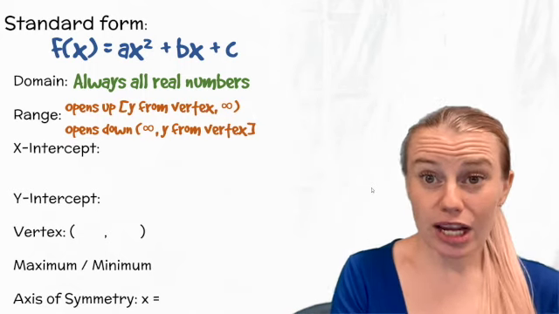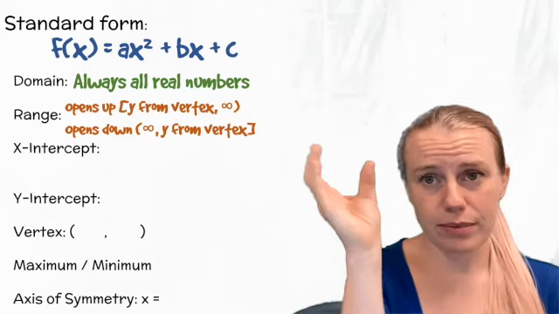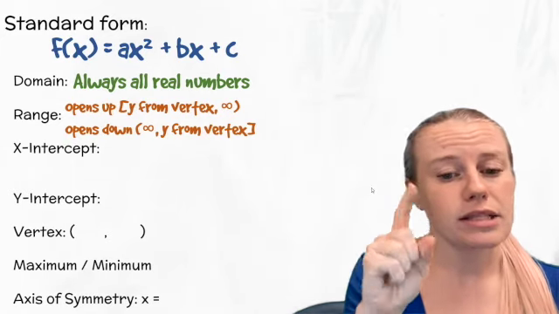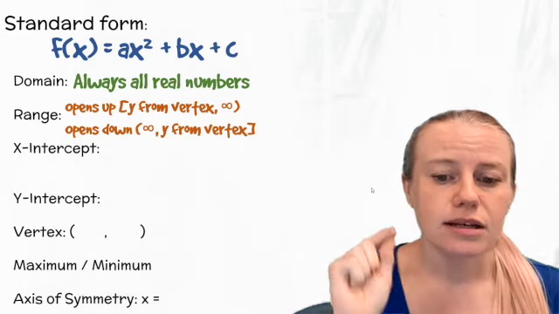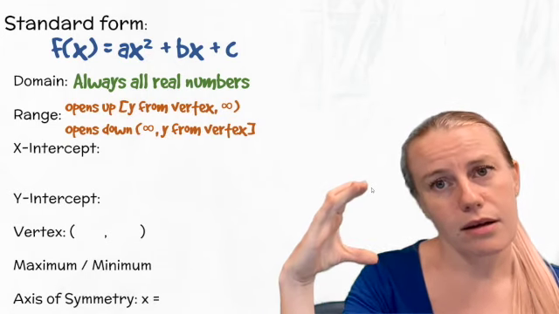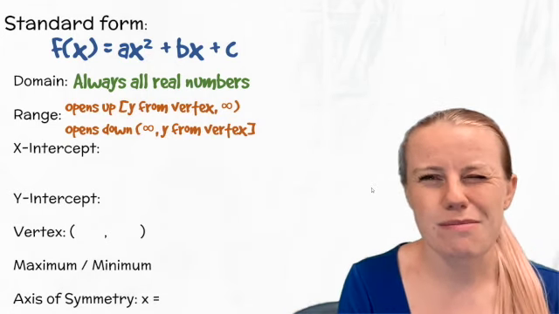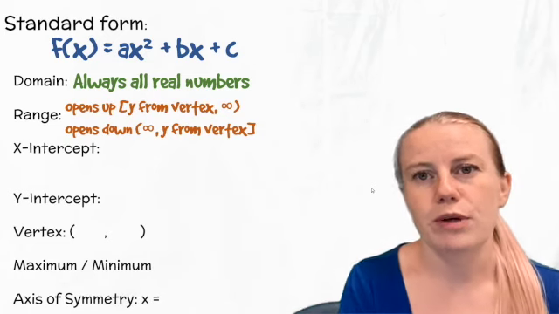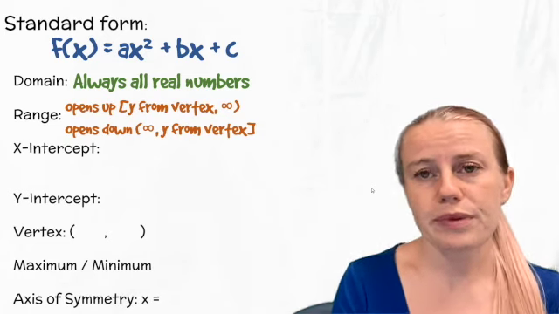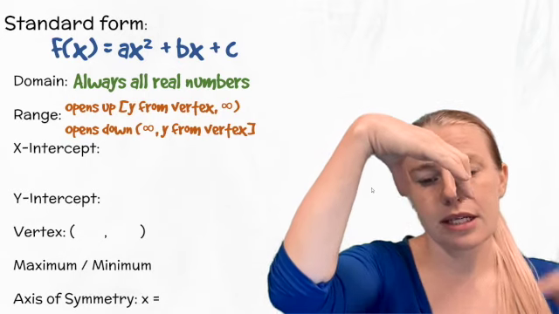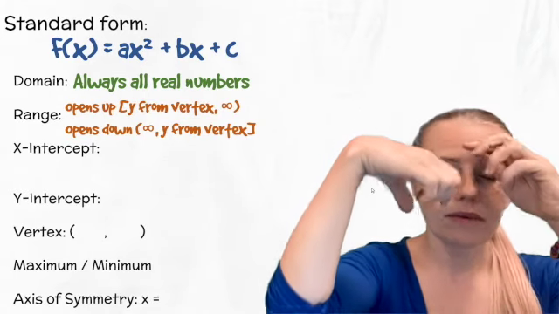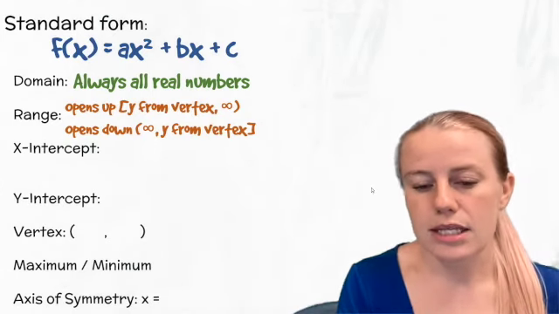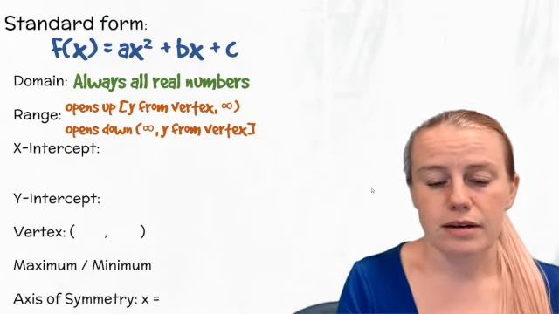And our range, if it opens up, so it looks like this, then our range is going to look like bracket, our y from our vertex, comma, infinity, parentheses. Remember our brackets and parentheses for domain and range. If not, maybe we should review that as well. If it opens down, it looks like this, so then it's going to be going from negative infinity, so open bracket negative infinity, to y of the vertex.